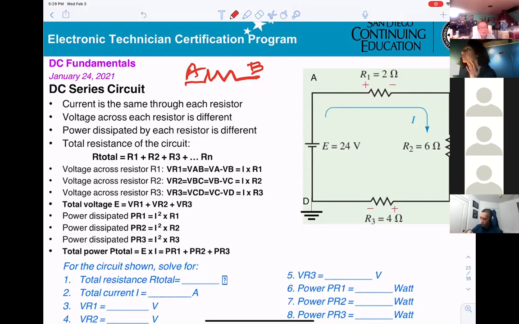For example, you get 2 ohm adding to 6 ohm, 8 ohm adding to 4, you get 12 ohm. That's the total. That's very simple. And now, if you want the voltage, for example, the voltage at A, we're talking about two things. One will be called a single point.